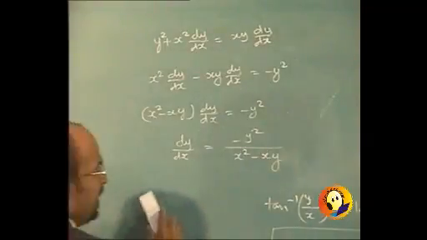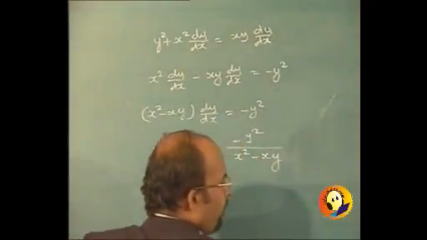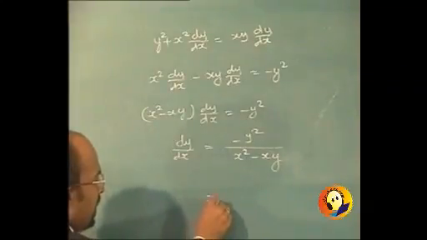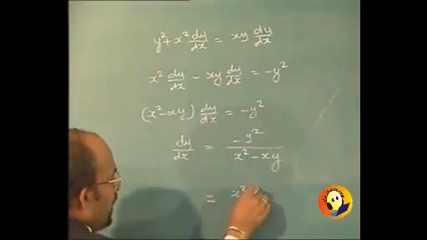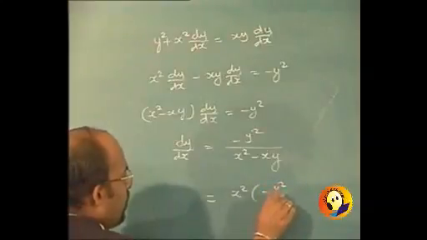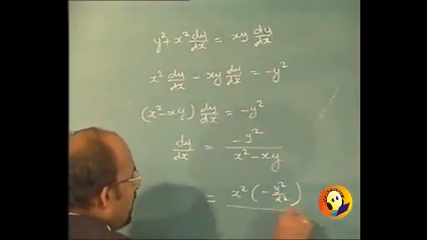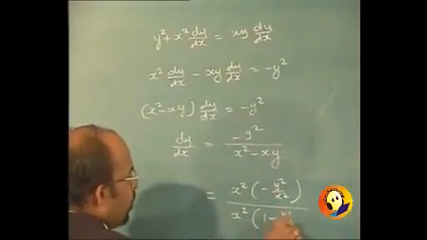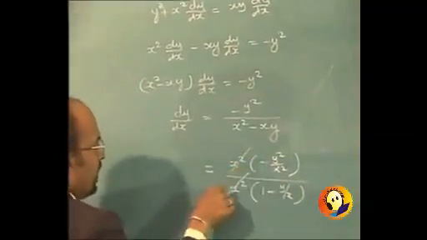Both numerator and denominator are homogeneous of degree 2. So we can take x square common from the numerator and denominator, resulting in x square into bracket minus y square upon x square, divided by x square into bracket 1 minus y upon x. So x square gets cancelled.